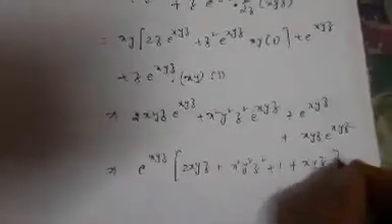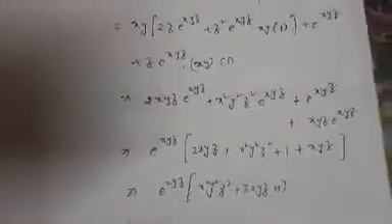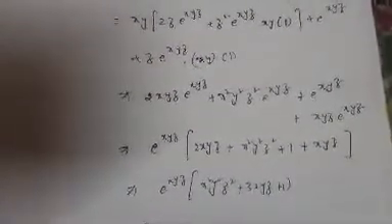So what is in that? e^(xyz) into x²y²z² plus 2xyz plus xyz, it means 3xyz plus 1. So now it can be written as 1 plus 3xyz plus x²y²z² into e^(xyz).